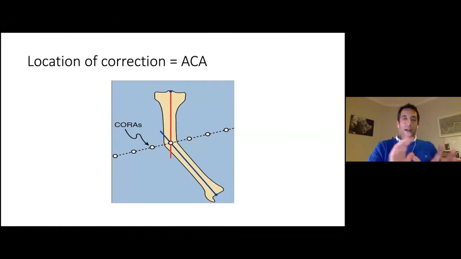So there's a bit of a language issue here. This bit, don't get too worried about, but broadly speaking, a CORA is actually not a point in space, it's a cylinder, because a hinge can be infinitely long, about which if you rotate, you could still get the same result. But broadly speaking, you can put a CORA anywhere you like.